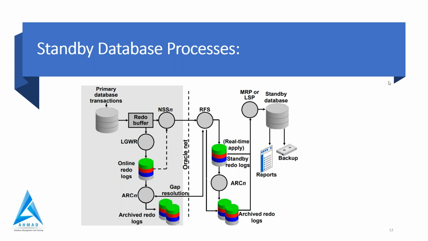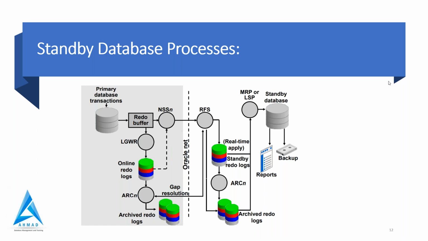Okay, NSSN is basically a primary database process which transfers the redo data to the standby site when you are using synchronous transport. Then if you are using an asynchronous mechanism, TTNN will come. Actually, TTNN is not mentioned in this figure.